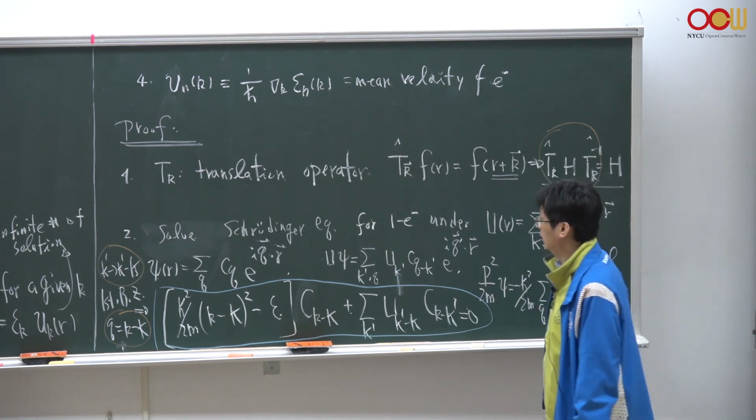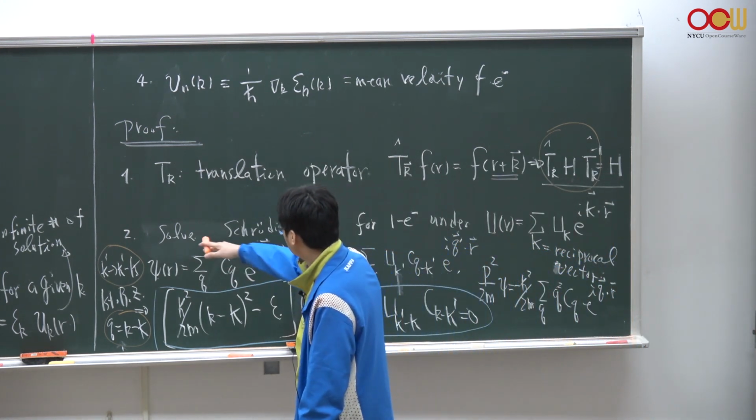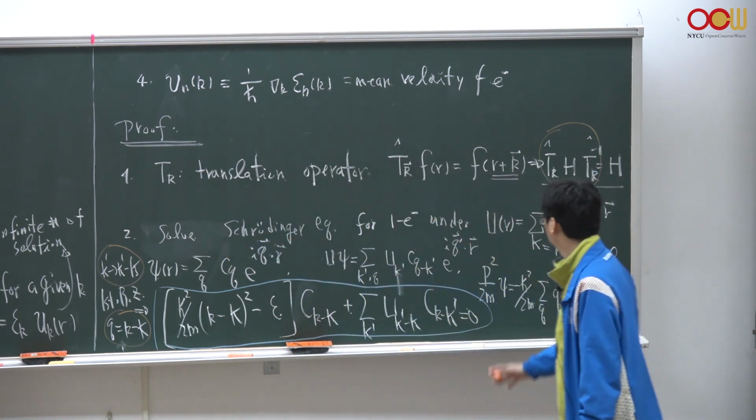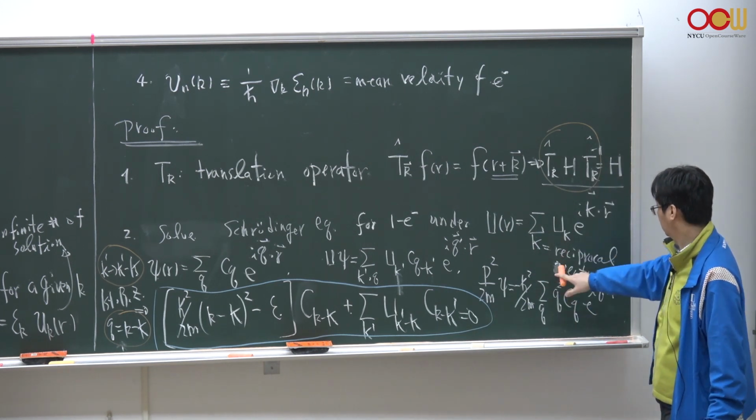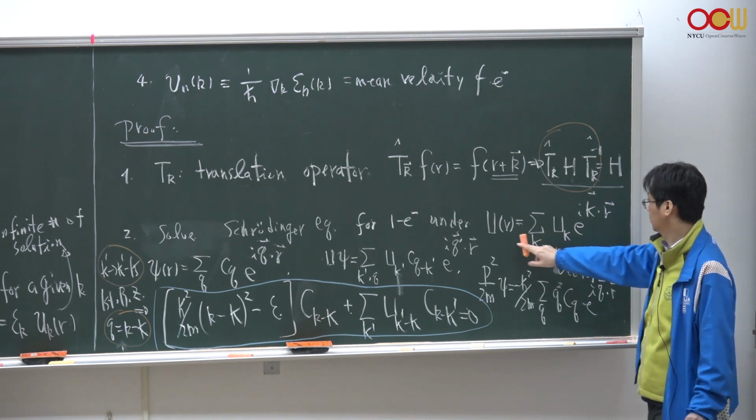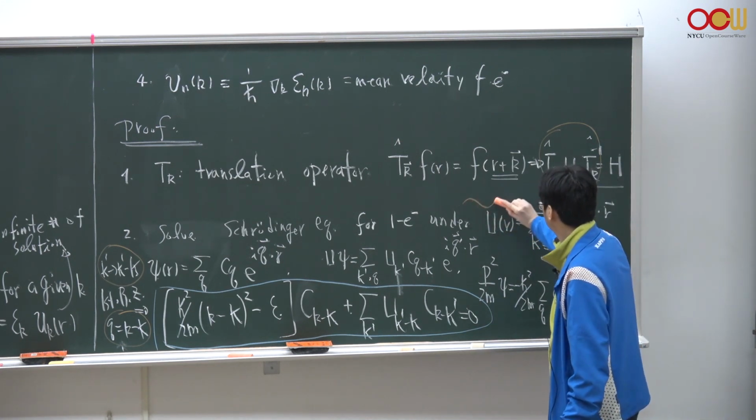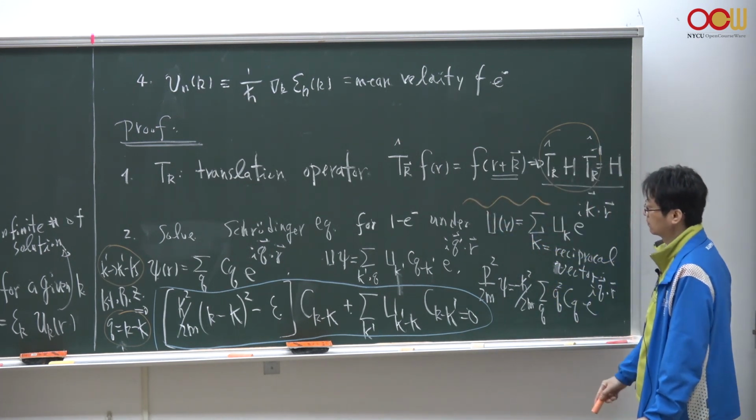The second way to prove the Bloch theorem is by directly solving the Schrödinger equation for that single electron under a periodic potential, which is given by a Fourier sum of this periodic potential U(r).